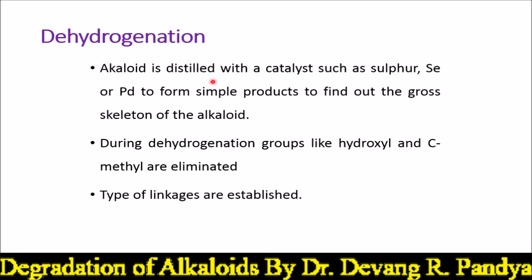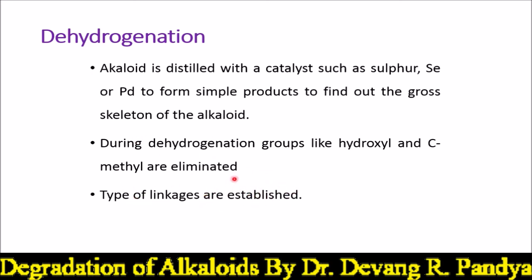Dehydrogenation. Alkaloid is distilled with a catalyst such as sulfur, selenium or palladium to form simple products to find out the gross skeleton of alkaloid. Which heterocyclic ring skeleton is present in the alkaloid can be obtained by these catalysts like sulfur, selenium or palladium. That is also a dehydrogenation process. During this dehydrogenation, groups like hydroxyl or C-methyl groups are eliminated from the alkaloid, and type of linkage can be established.